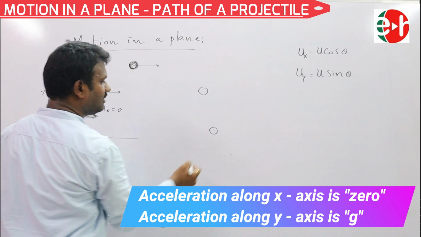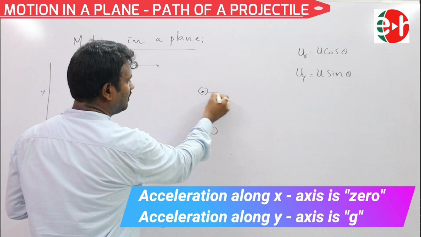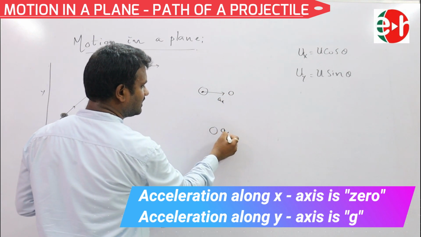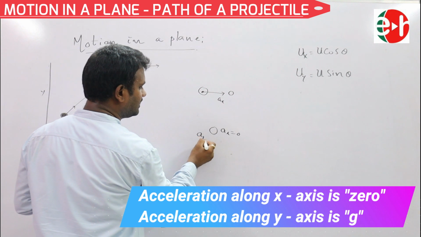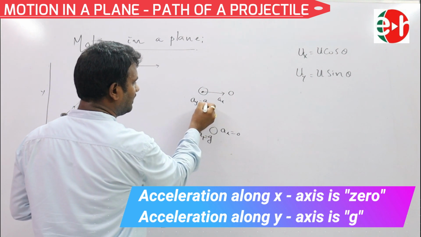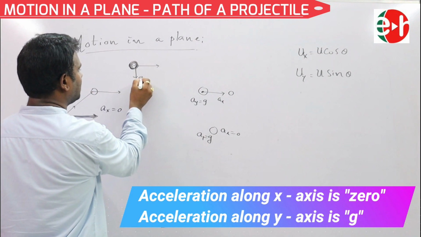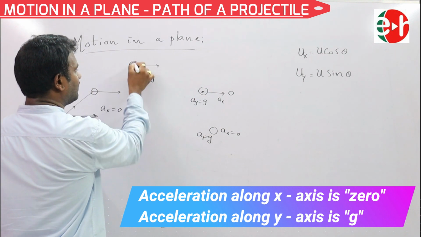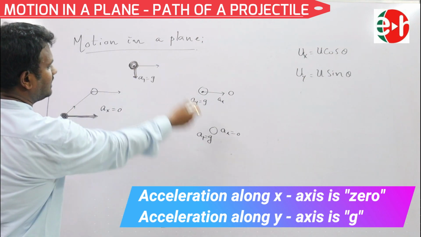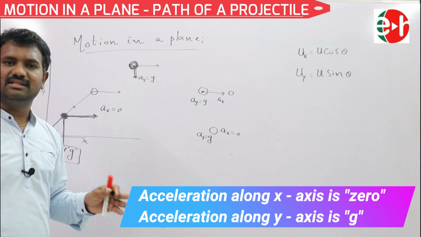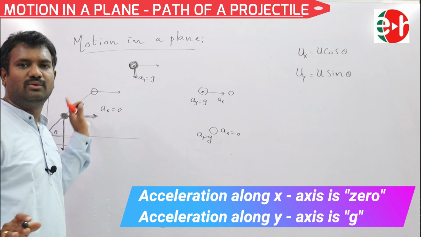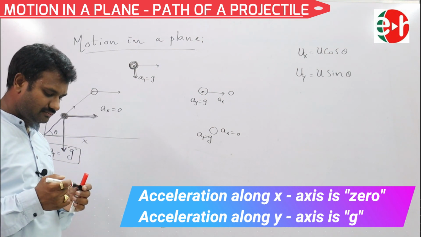What is the acceleration along the x-axis? 0. What is the acceleration acting on this body along the y-axis? g. What about at this point along the y-axis? g. So the acceleration acting on this body is always g. The acceleration along the x direction is always 0 throughout the motion.